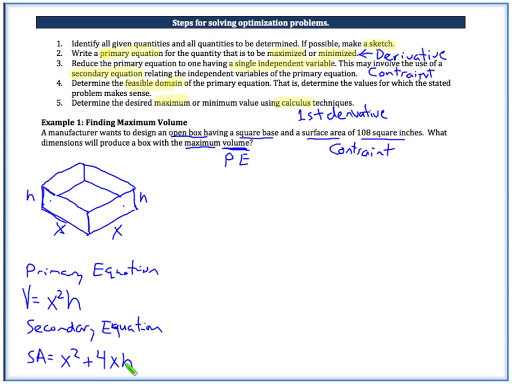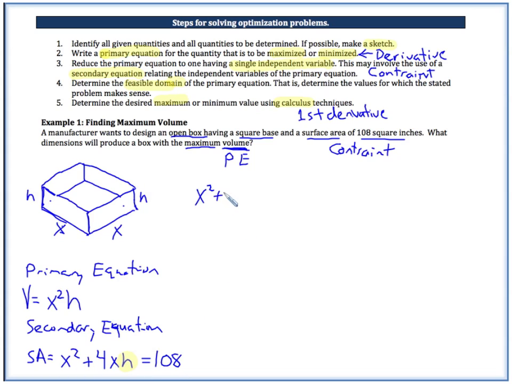Okay. Now our goal here is to go ahead and get h by itself and realize that this equals 108 square inches.